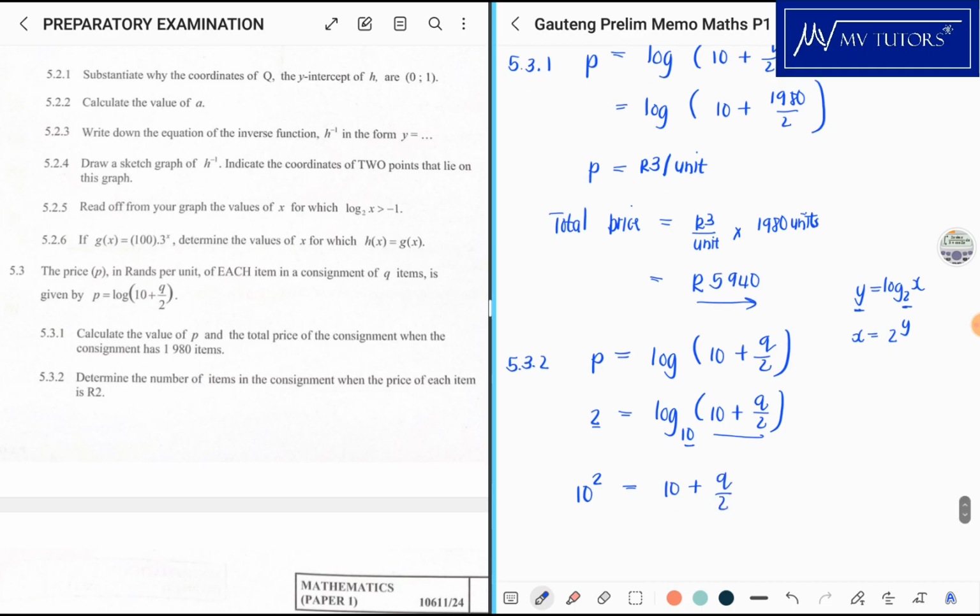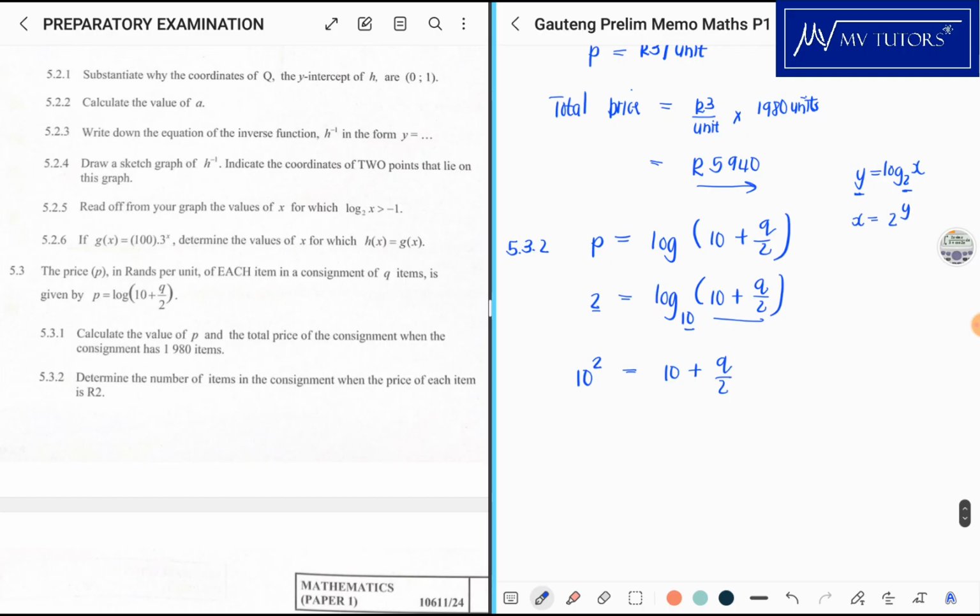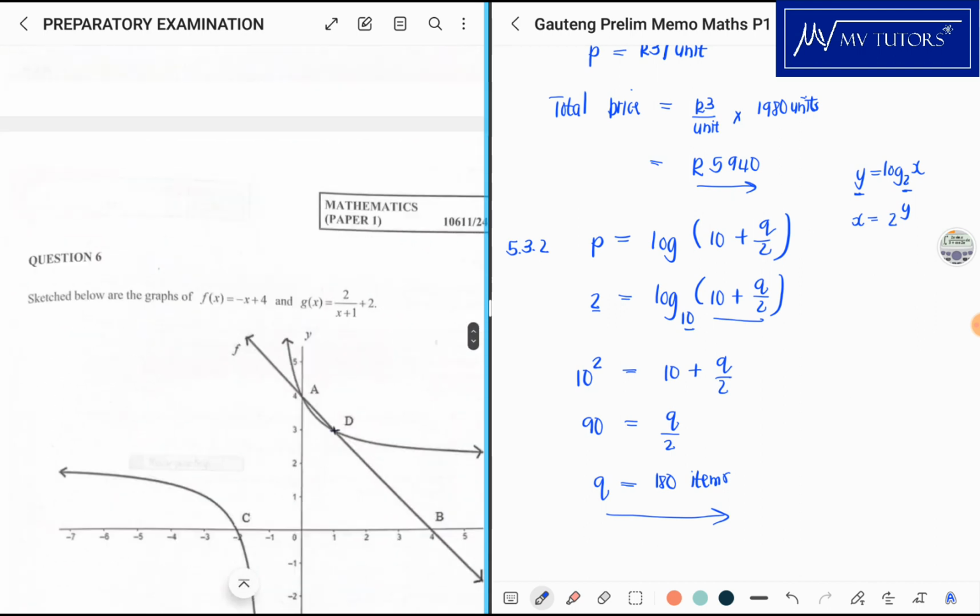I hope that makes things a little bit easy. So we have 100, which is 10 to the power 2, minus 10, we're left with 90, equals Q over 2. And 90 times 2 gives 180 items. That's basically it for question 5.